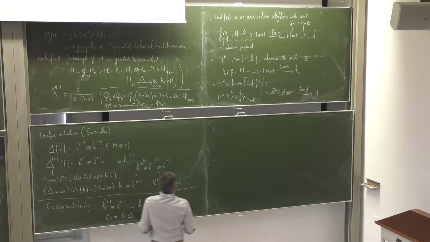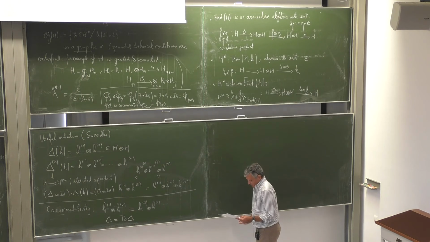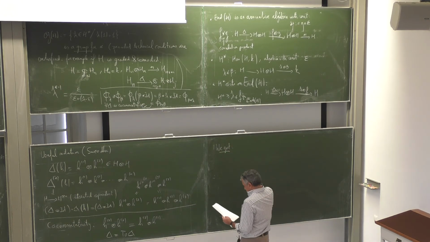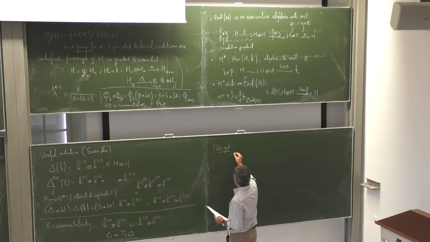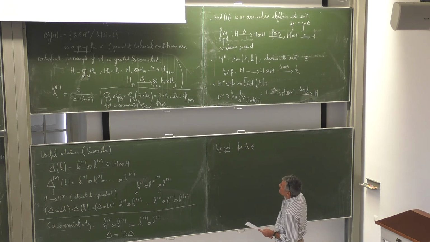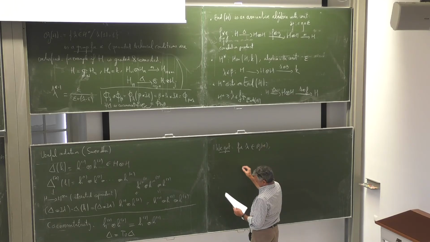So now I can use the properties I explained about convolution product to make the following observation. Since GH is a group, I can invert for the composition product.